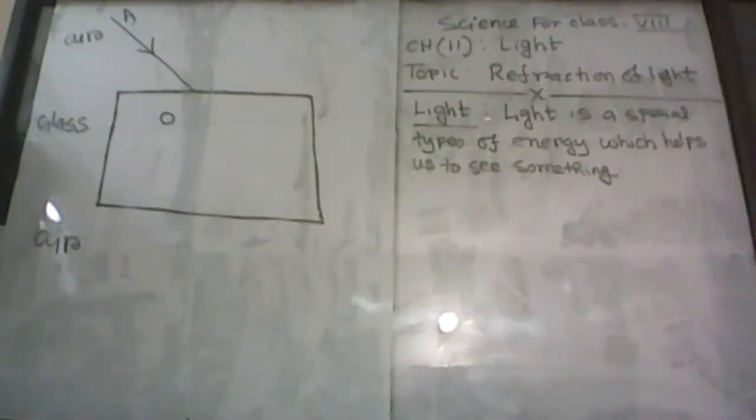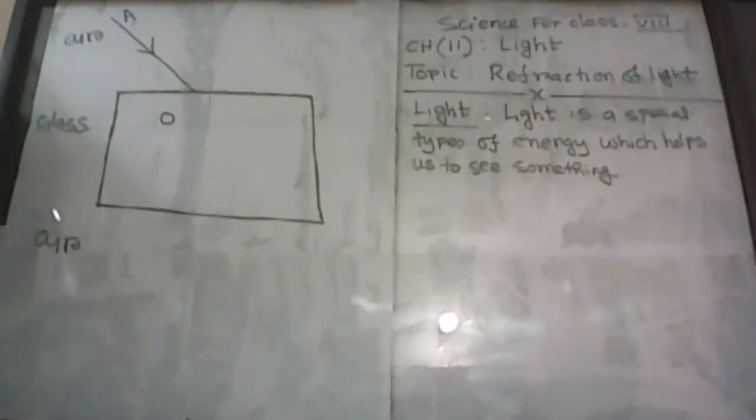So if I ask you what is called reflection of light, you can say very easily that, sir, when a ray of light goes from one medium to another medium, if from the second medium the ray of light returns back to the first medium, then this phenomenon of light is called reflection of light.